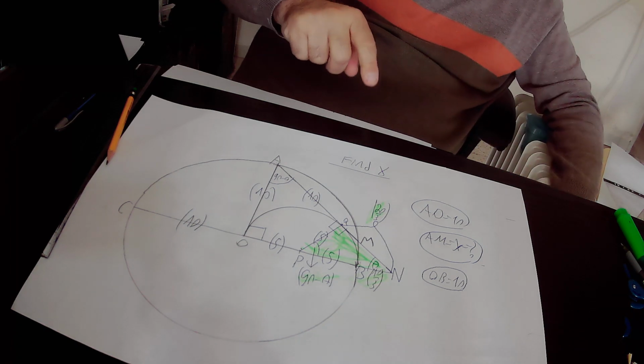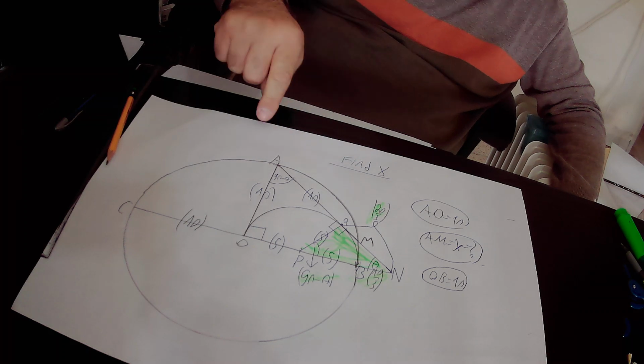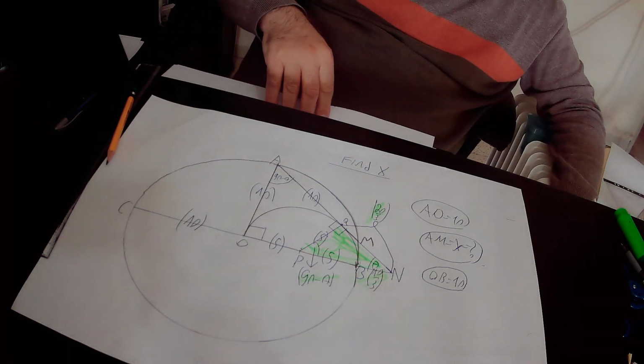According to rule number 14, NB times NC equals NM times NA. Again, NB times NC equals NM times NA. So write it down.